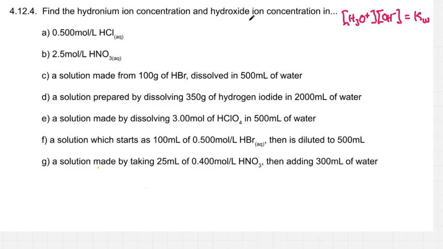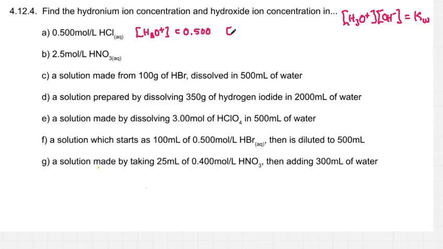They want both concentrations this time, so here we have a top 6 acid. Math is easy for those. Top 6 acids just convert 100% to H3O, so for this one, the H3O is automatically 0.5, because 100% of the hydrochloric acid converts to H3O.